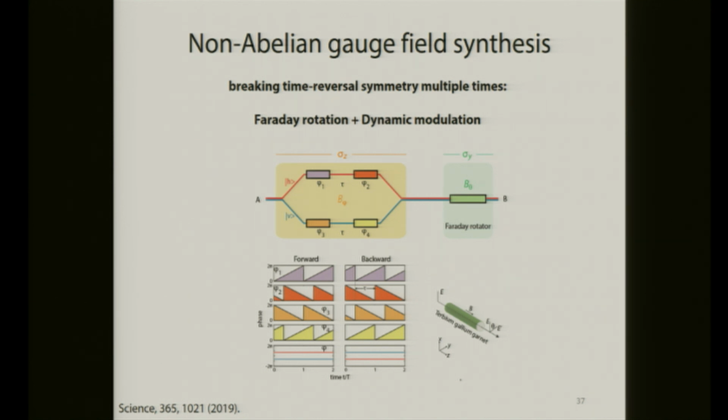Let me explain why they break time reversal symmetry. Specifically, we use a polarization beam splitter at the junction here and the junction here, such that we're able to manipulate each pseudospin individually. So we apply upward driving in phi 1 and phi 4, but downward driving in phi 2 and phi 3.